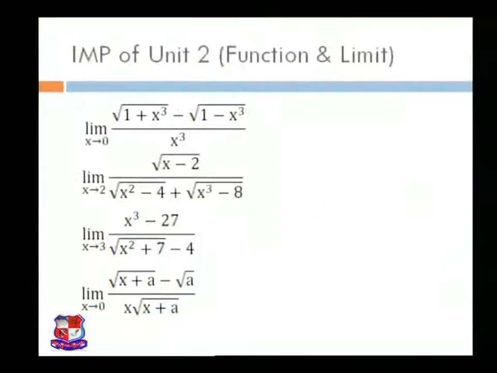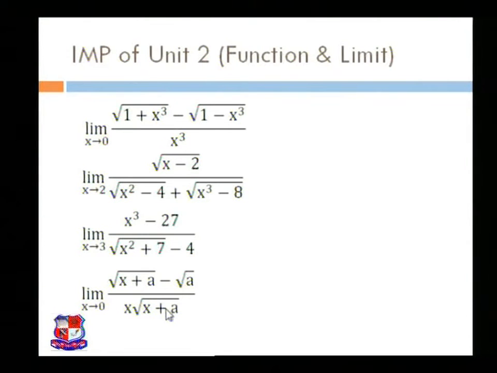Now we move to our next question. Next question, that is limit x tends to 0 under root of x plus a minus under root of a divided by x under root of x plus a.